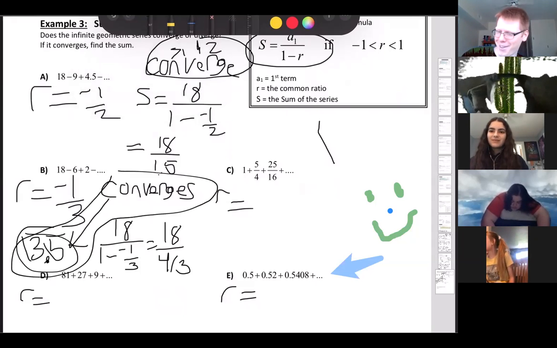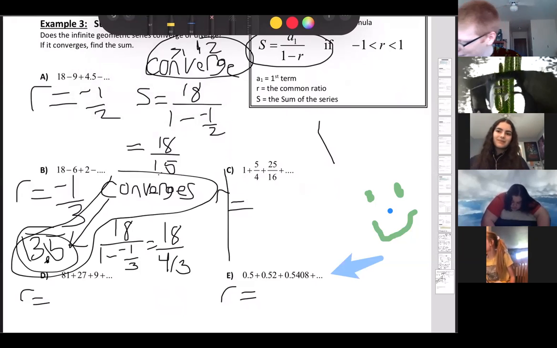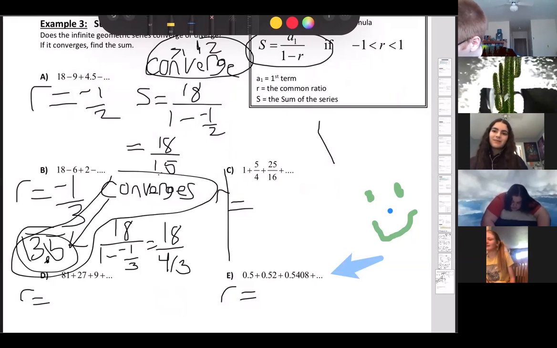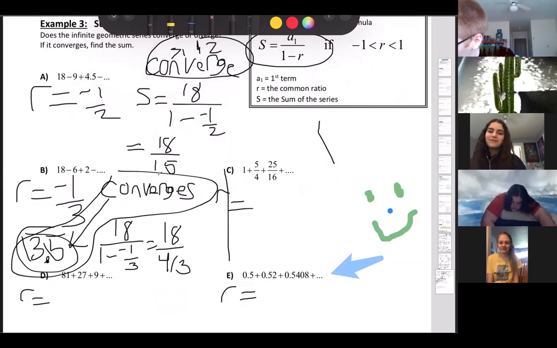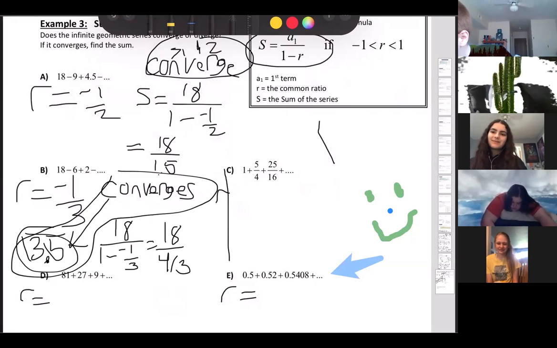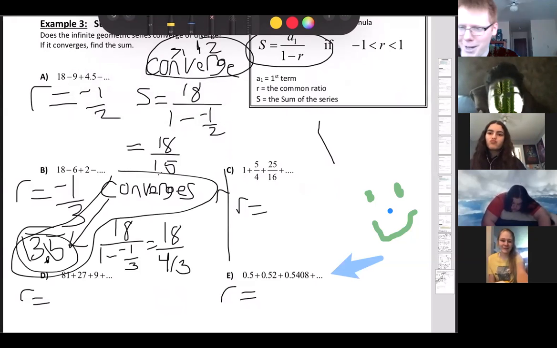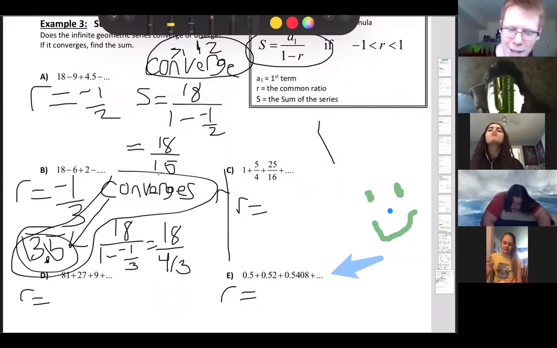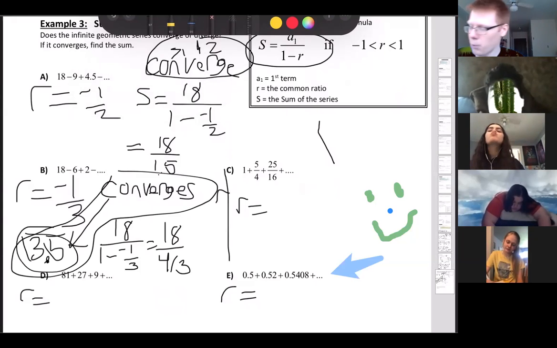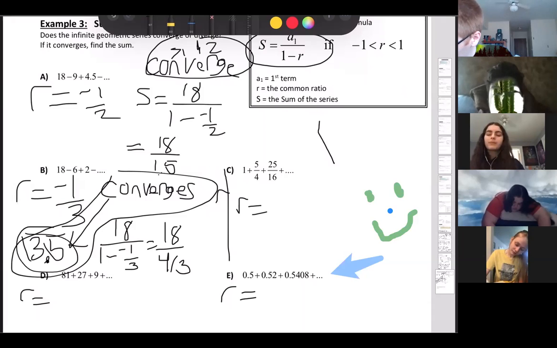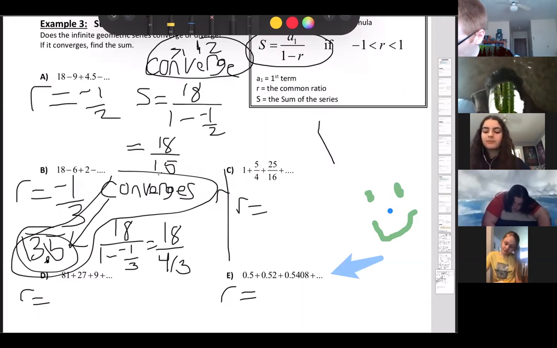All right, thanks for catching that, Eva. This next one: what's our r value? This one's hard to just look at and see, unlike the ones before. Remember, one way you can check for an r value is to take your second term divided by the term before it.